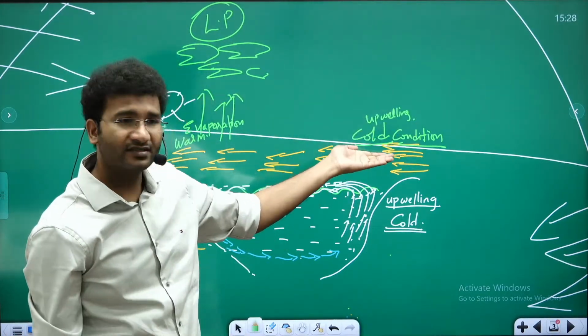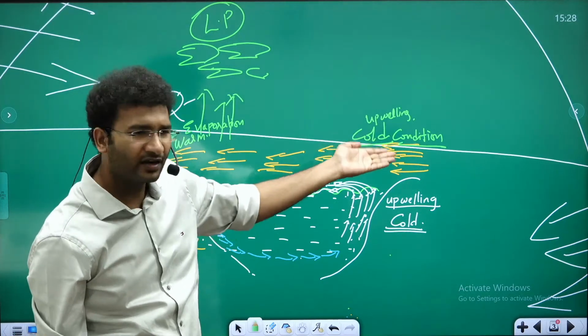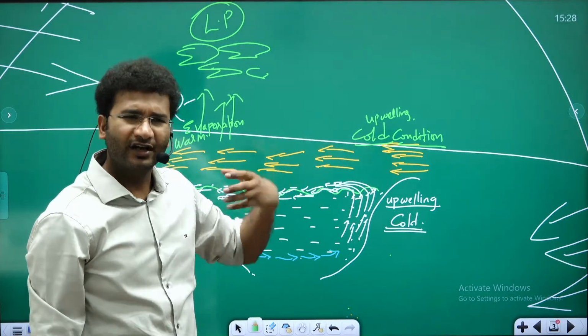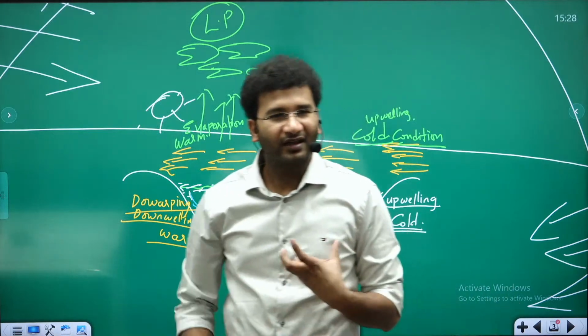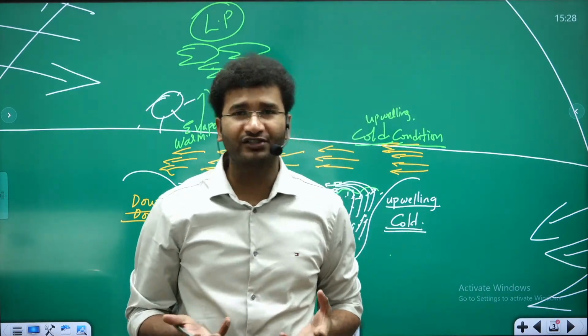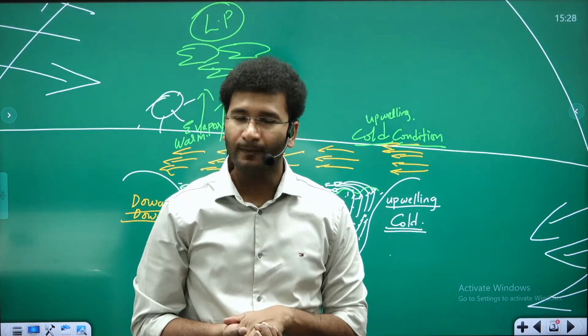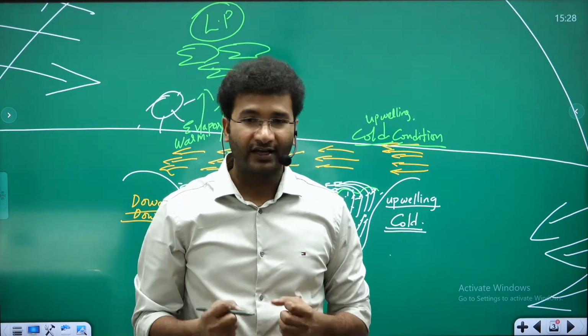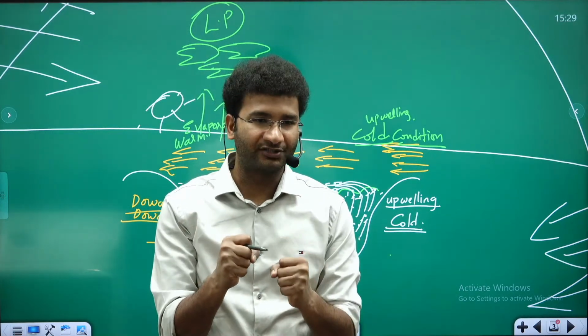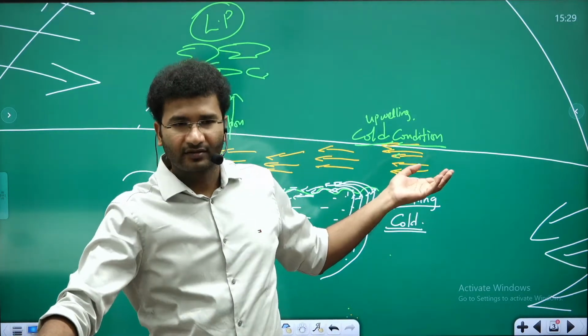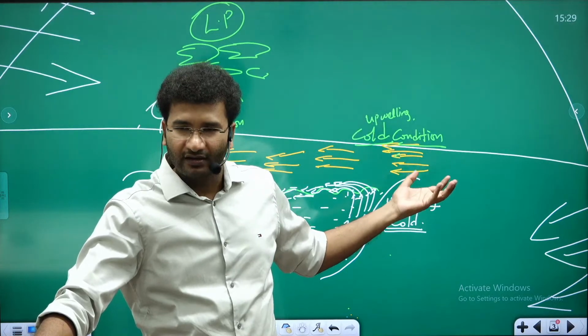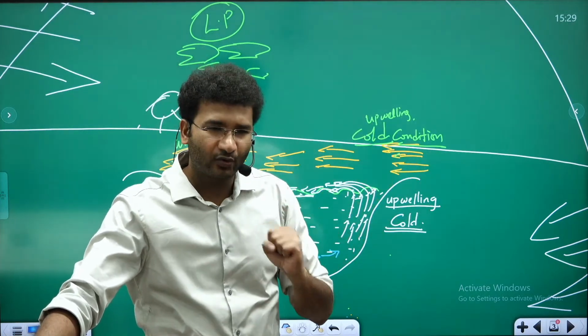Now because of upwelling and cold conditions, you will get to know that in cold conditions usually the air does not have much moisture holding capacity. Warm air has more capacity to hold moisture, right? Cold air does not have a high capacity to hold moisture.